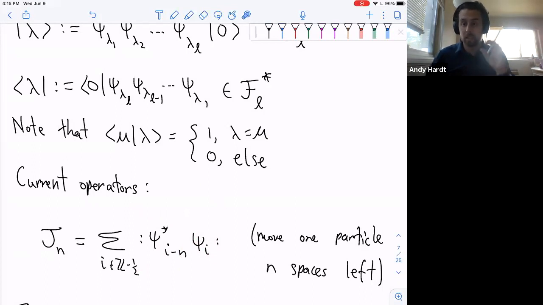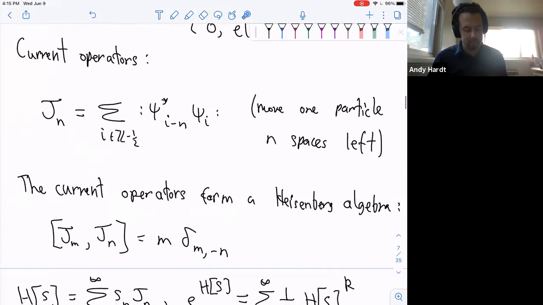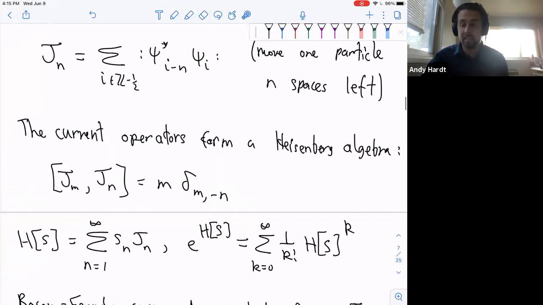If you can, good. If you can't, that part is killed, and so move on to the next particle. So it's all the different ways to move one particle n spaces left. And these current operators form a Heisenberg algebra. This makes Fock space a representation of a Heisenberg algebra.